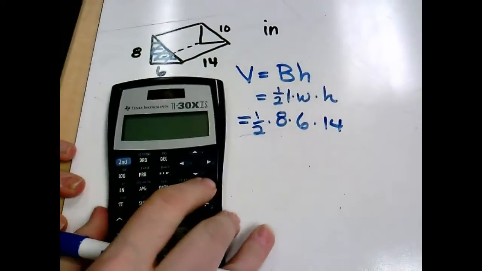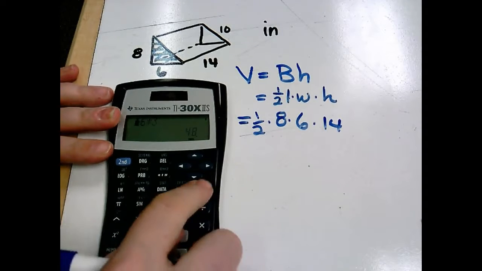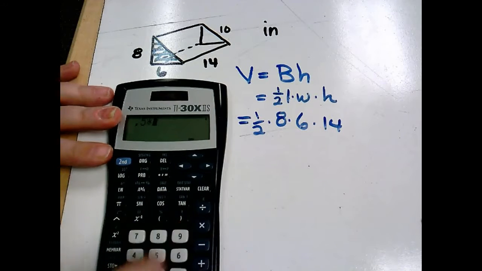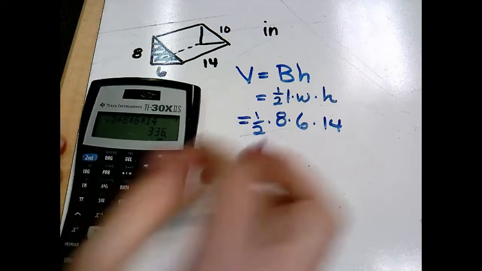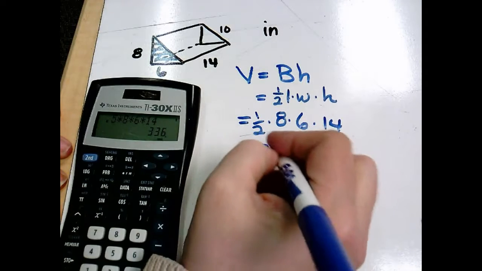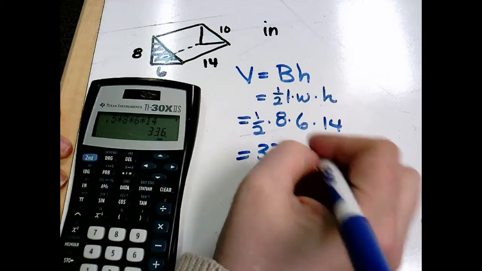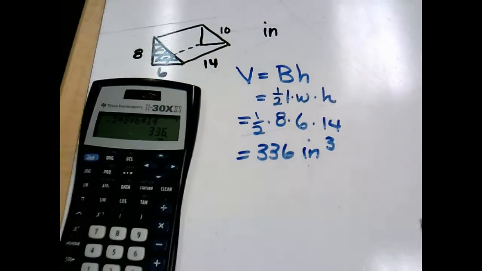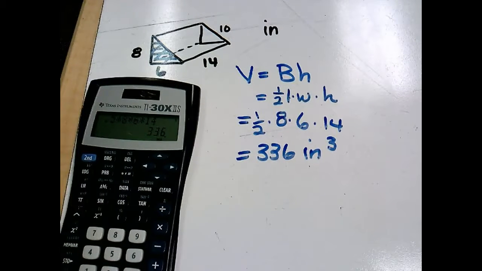So I'm going to go ahead and plug that straight into my calculator. I'm going to come up with 0.5 times 8 times 6 times 14, which gives me an answer of 336 cubic inches, which is the volume of that prism.